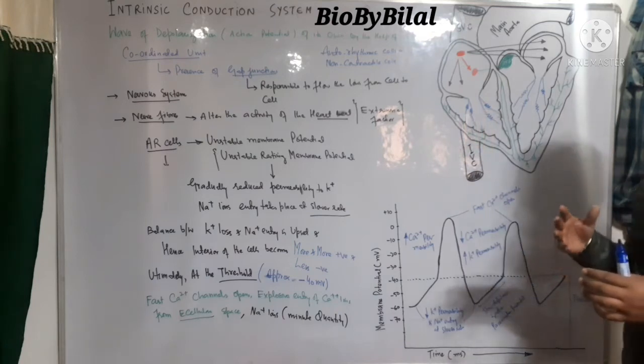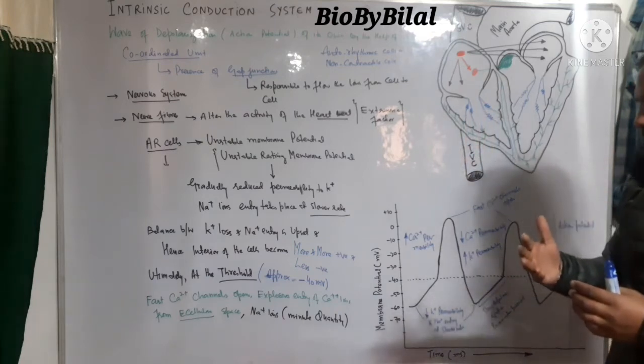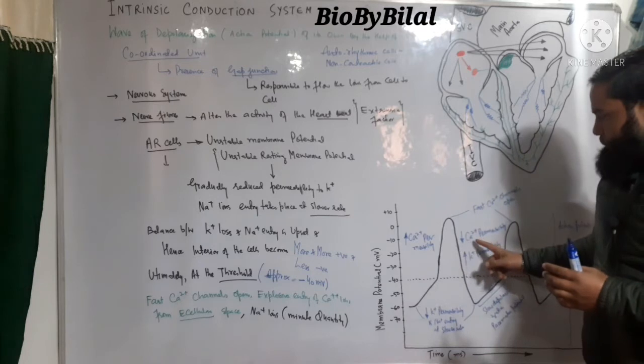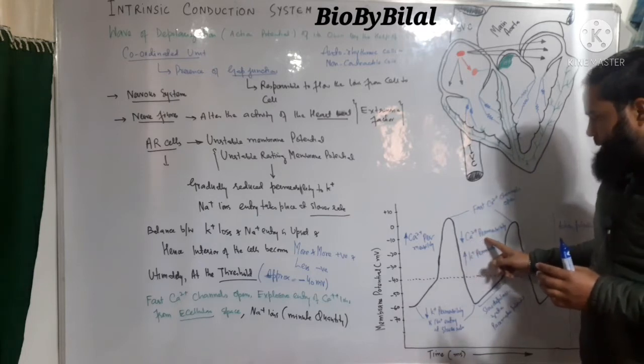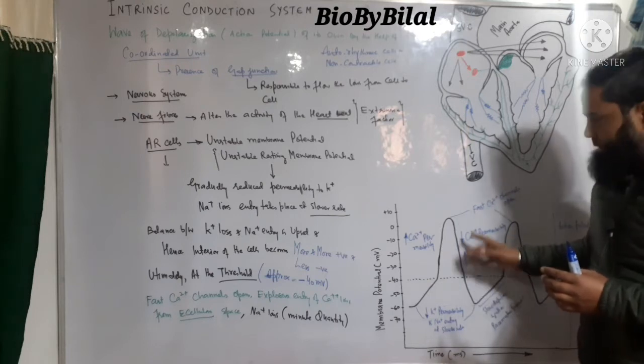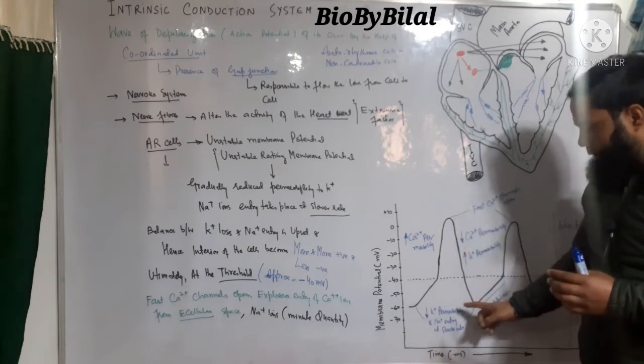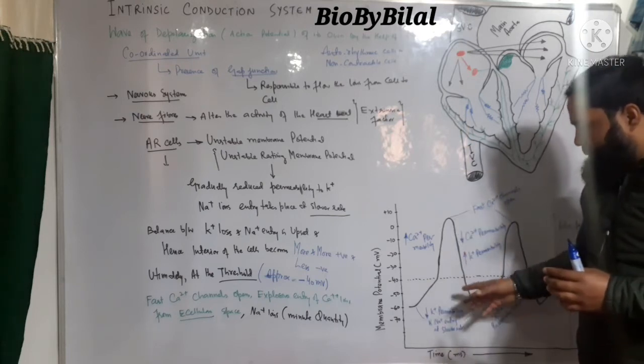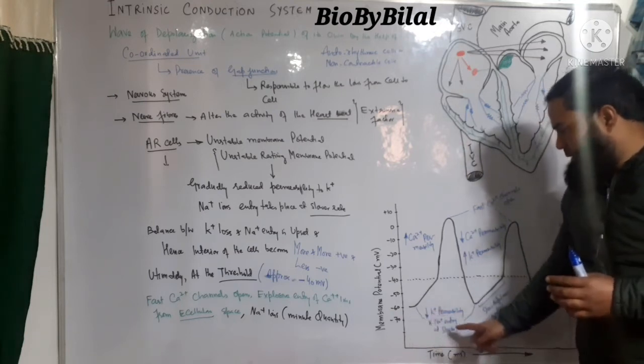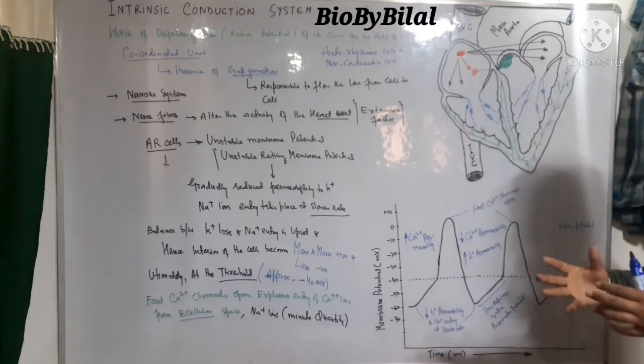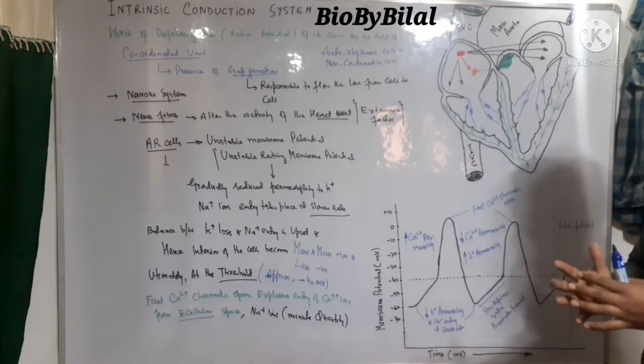That means the wave of depolarization increases. When the calcium permeability decreases and the potassium permeability increases, there is a downfall in the graph, and it reaches once again below the threshold point, that means minus 60 millivolt. That means deep repolarization takes place.